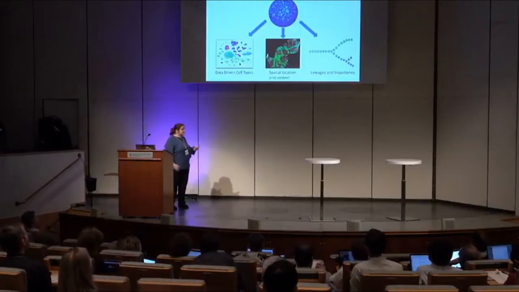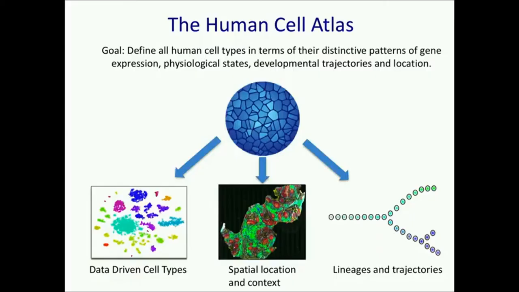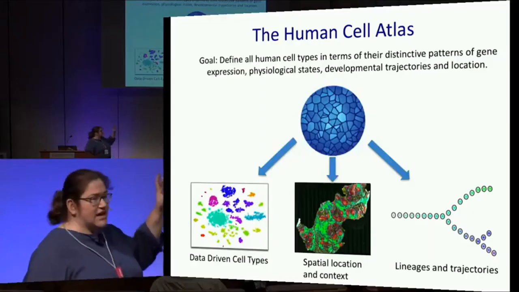So, as was described earlier today, the Human Cell Atlas will have multiple components, and here I'm not being exhaustive, but really describing the three main ones. So we're going to have data-driven cell types, largely driven by the high-throughput molecular profiling methods, such as single-cell RNA-seq, probably single-cell ATAC-seq will shortly follow, and really have our cell types.